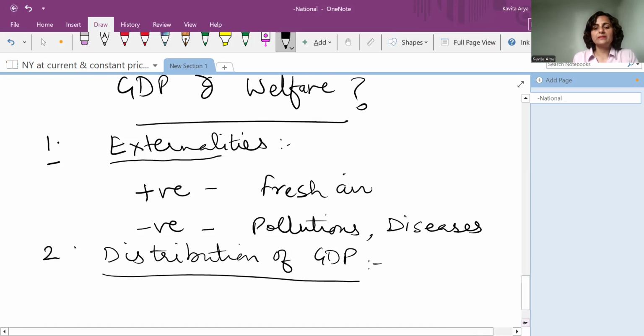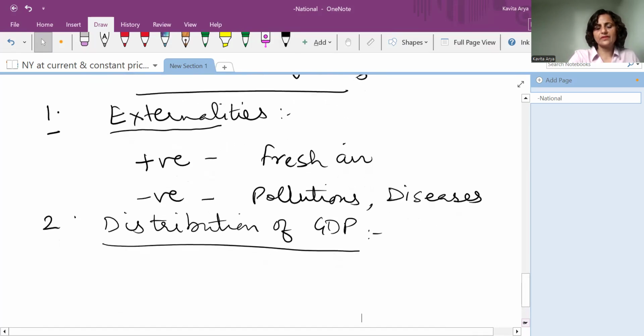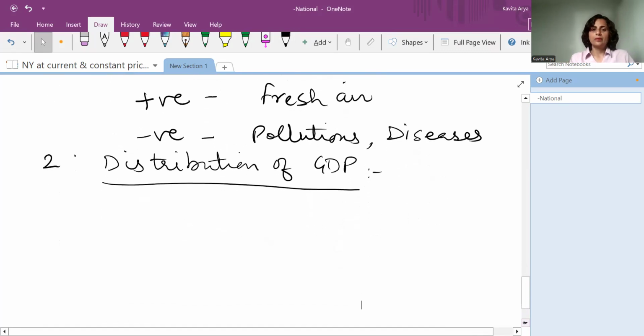Distribution of GDP, let's again understand with the help of an example. More and more GDP happens because of the efforts of, say, Tatas, Birlas, Ambanis, and all. They are becoming richer, the richest people of our country. But is that GDP happening to benefit the poor section of the society?